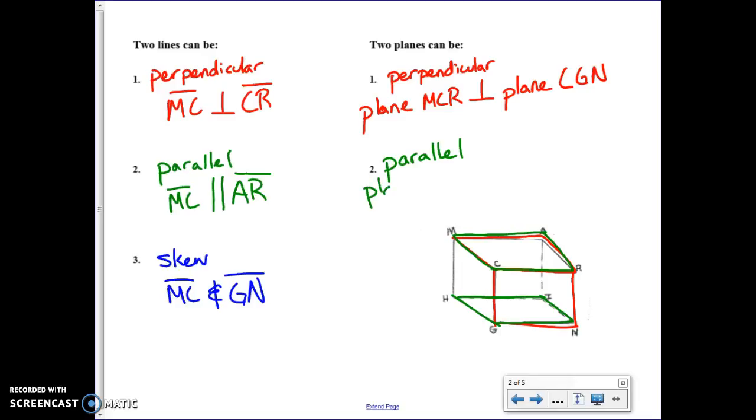So we'll say plane MCR is parallel to plane HGN. Again, you can pick any three letters. You could have picked the left side of the box and the right side of the box, the front of the box, the back of the box, as different options.